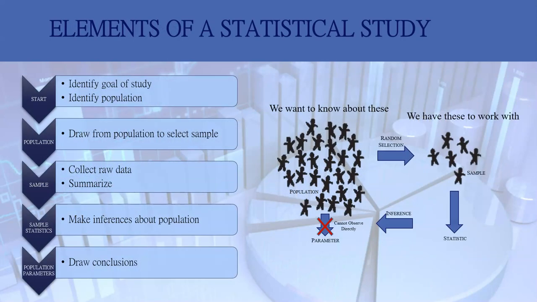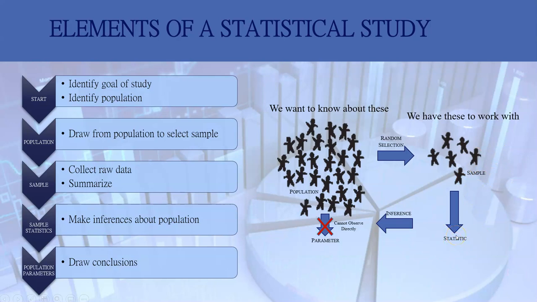So here is basically how this all sets up. First, we need to figure out what is the goal of the study, and then we identify the population that goes with that. Then, from there, we select randomly from this population, and that little piece becomes our sample. We conduct our study, whatever that might look like. It could be an experiment, or it could just be an observation, it could be a survey. But then we gather the data, those become the sample statistics.